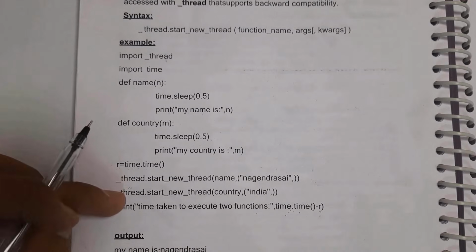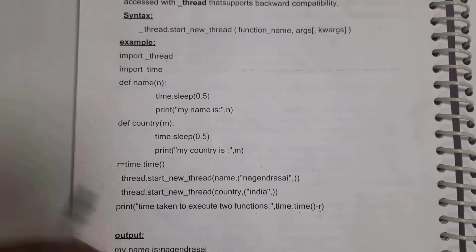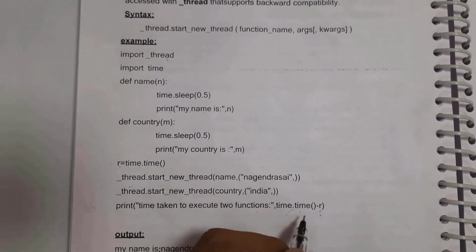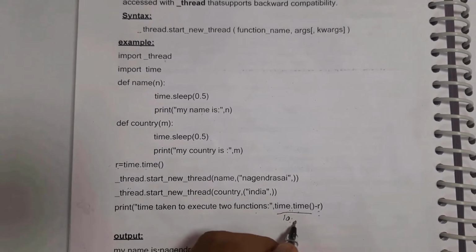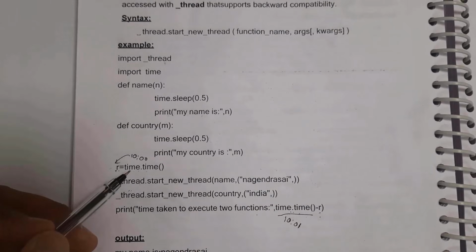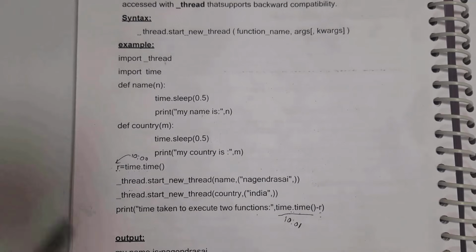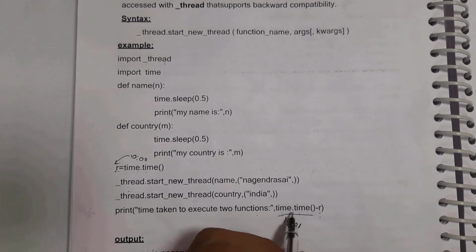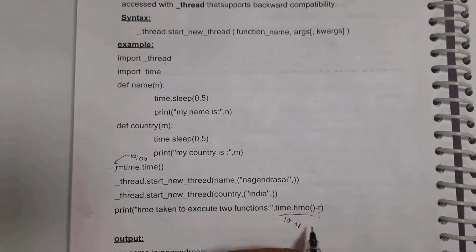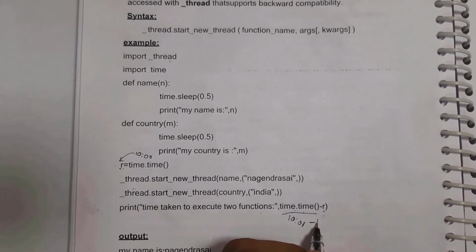After executing these two functions, for example, the time taken is 10.1 seconds. So before execution time is 10 AM and after execution time is 10.1 seconds. So just write here time.time minus r, where r contains the time, that is 10.